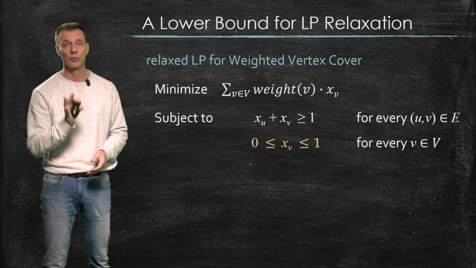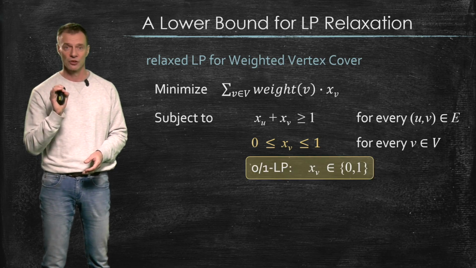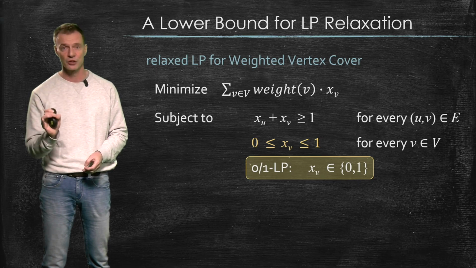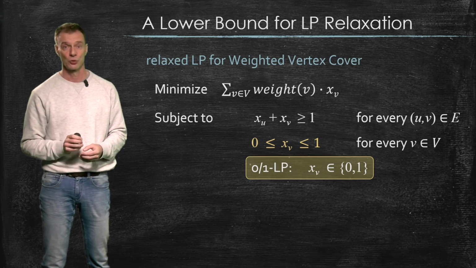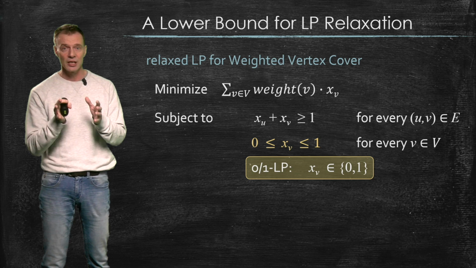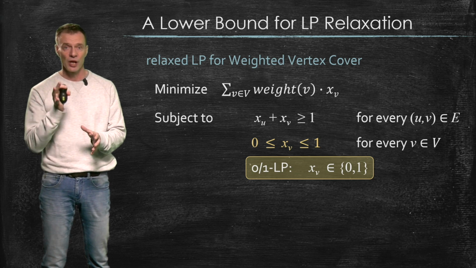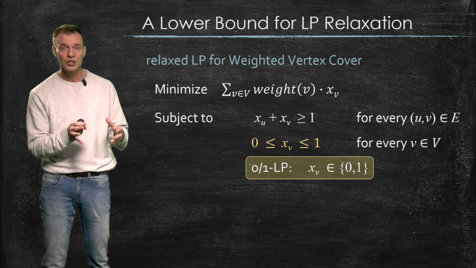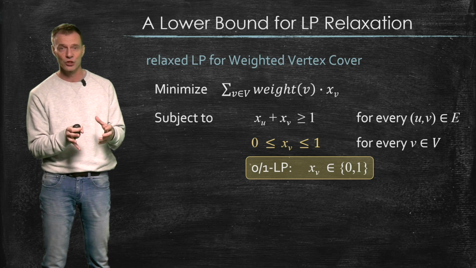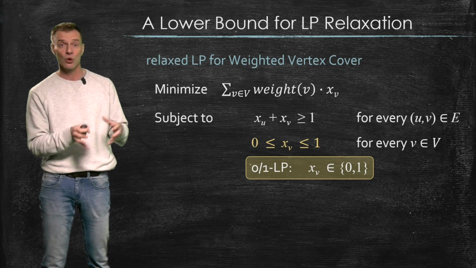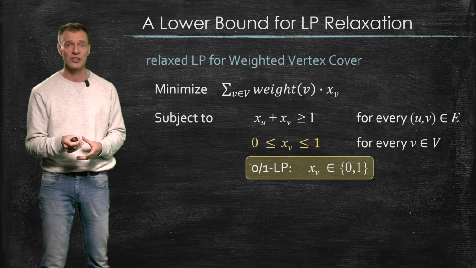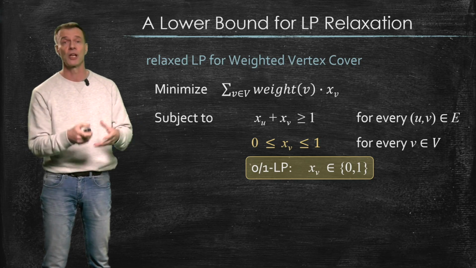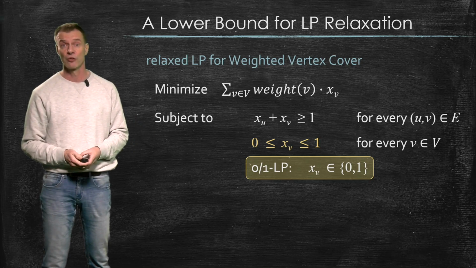In the 0,1 LP, we had that the value of the variable is either 0 or 1. So what does it mean? It means that in the 0,1 LP, we have a stricter constraint. So any valid solution for the 0,1 LP is also a valid solution for the relaxed LP. We simply have more possibilities to pick the values of our variables xv.